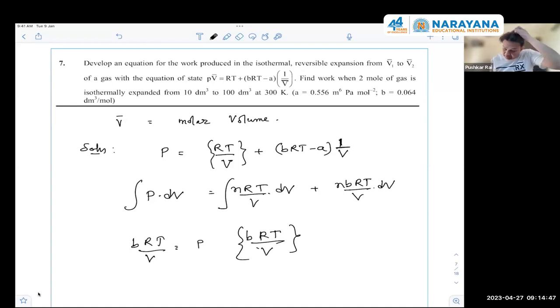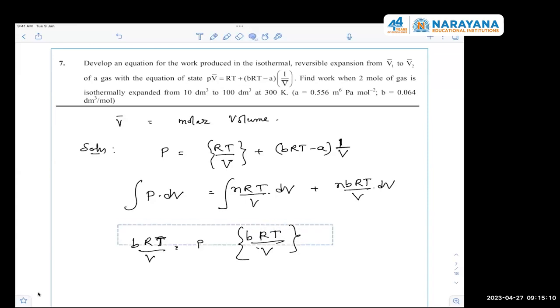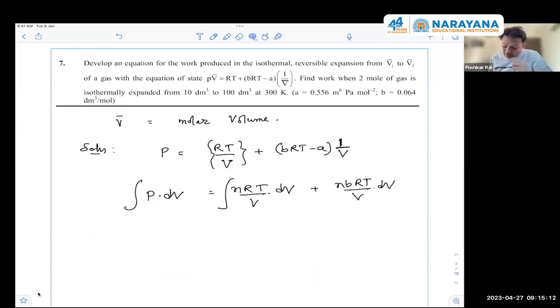And if I say that V is equal to decimeter per mole, then that is cancelled. Sir, from the original equation, when we transpose V, we'll get 1 by V square, sir. Original equation, 1 by V square.